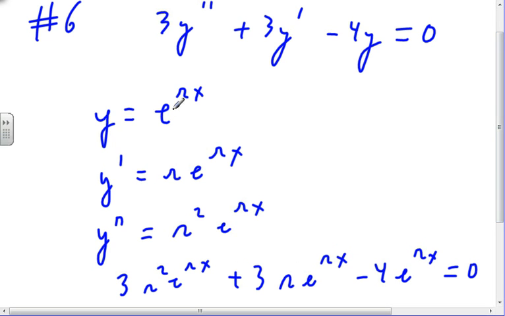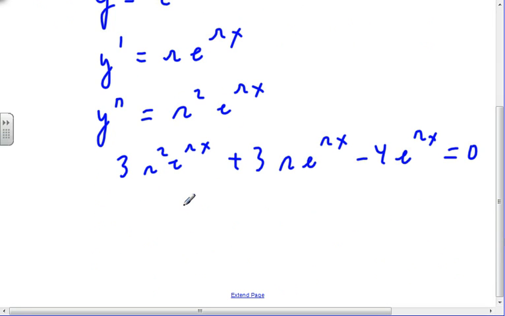I just put those back up there and wrote them across. Does e to the rx ever go to 0? No? Okay, so I can divide by that.